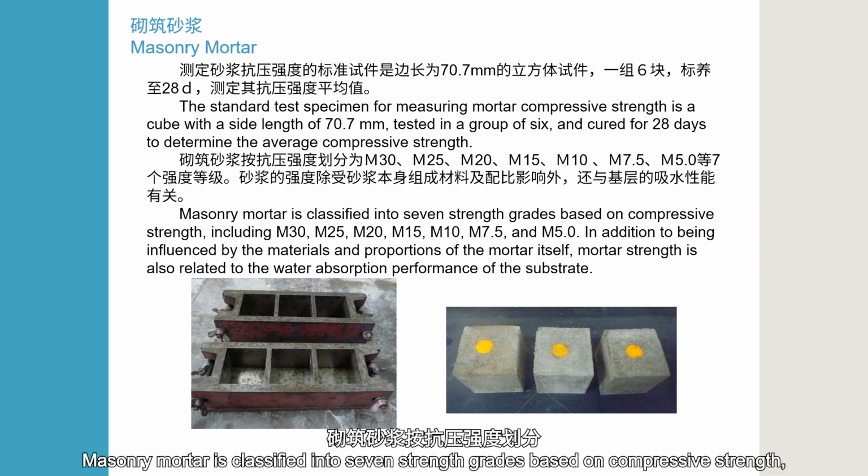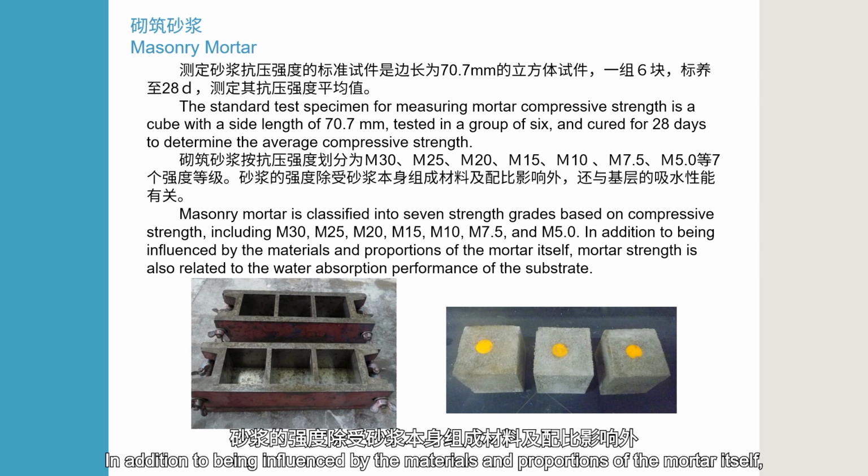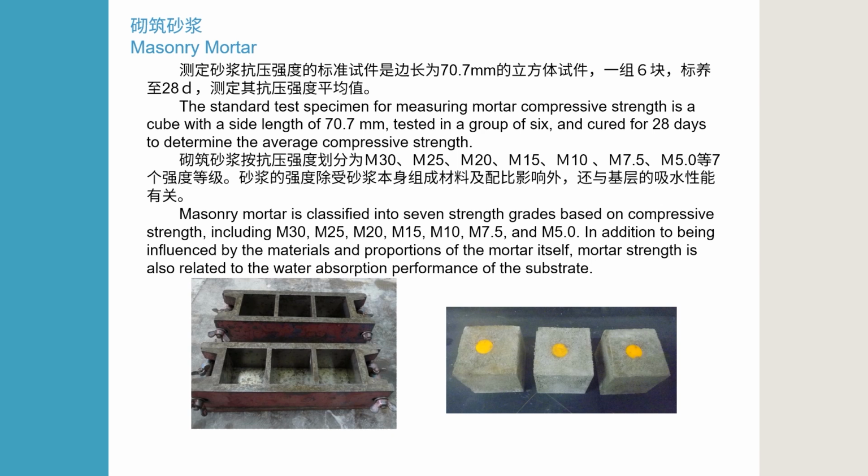Masonry mortar is classified into 7 strength grades based on compressive strength, including M30, M25, M20, M15, M10, M7.5, and M5.0. In addition to being influenced by the materials and proportions of the mortar itself, mortar strength is also related to the water absorption performance of the substrate.